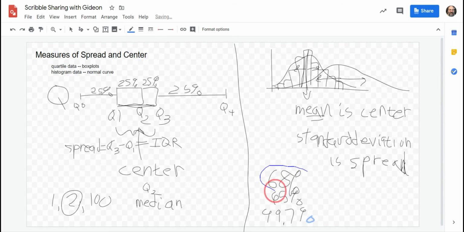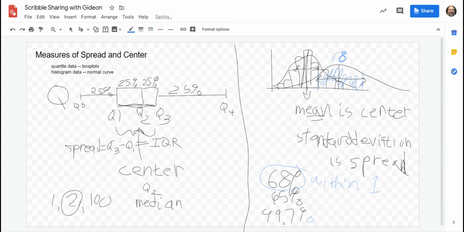The 68%. That means within one. Well, what do you mean one what? Within one spread of the center, right? Within one standard deviation of the mean. So in normal data, about 68% of the data is within one standard deviation of the mean. So you have to go up one and down one, and you expect 68% of the data to be in there.